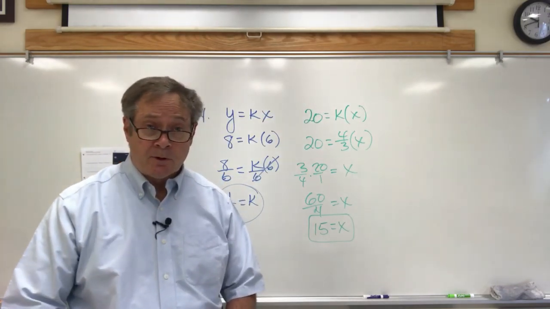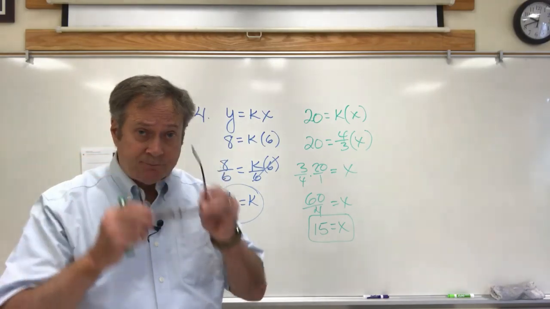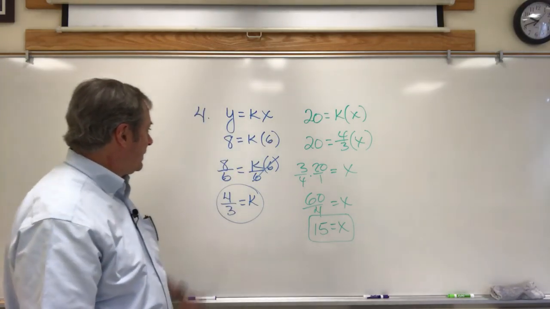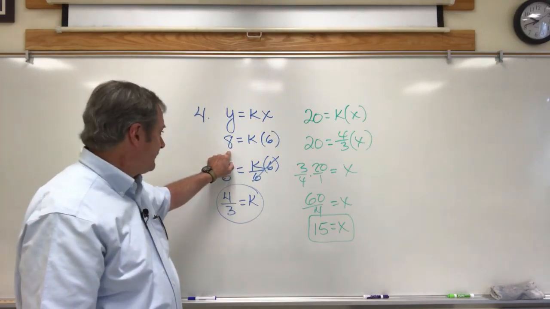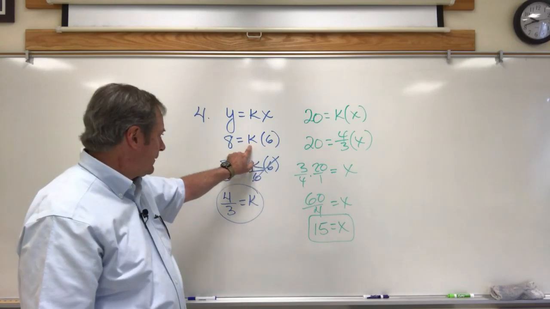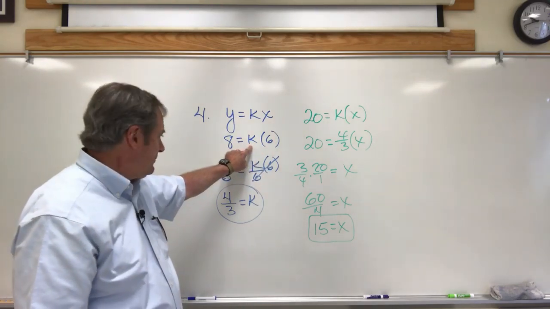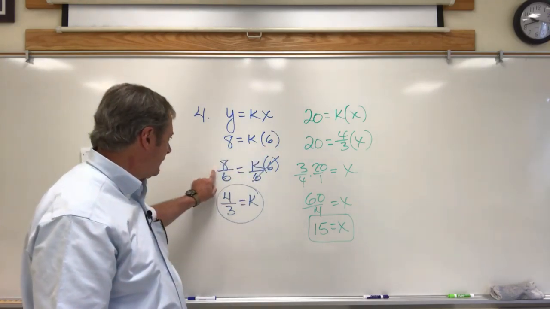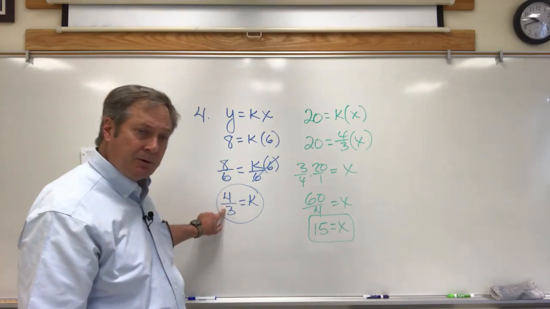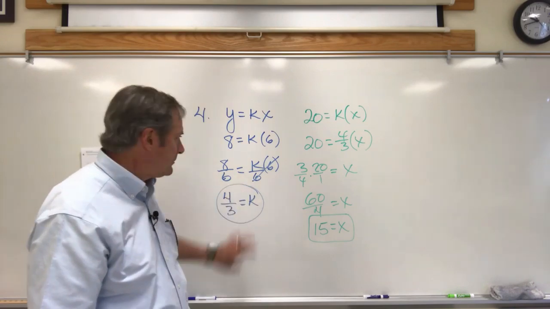All right, number 4, we have a direct variation situation. And we're told that y varies directly with x. We're given a y value, 8. We're given an x value, 6. And we're first having to solve for k, which we do by dividing both sides by 6. And then 8 over 6 reduces to 4 over 3. All right, so that's our constant.